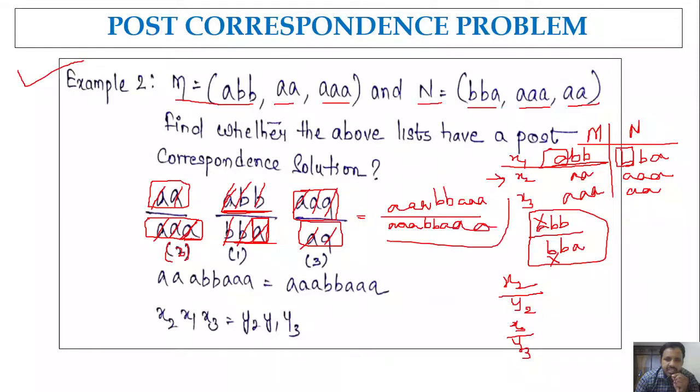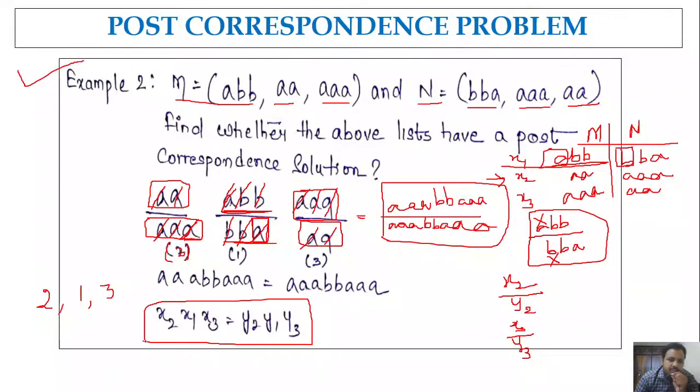So both are the same. So here we could say that this PCP has the solution 2 comma 1 comma 3. So 2 comma 1 comma 3 is the solution, right? Or you could say x2 x1 x3 is equal to y2 y1 y3.